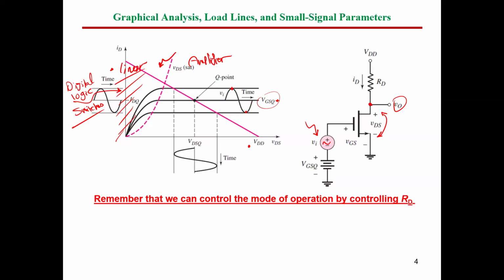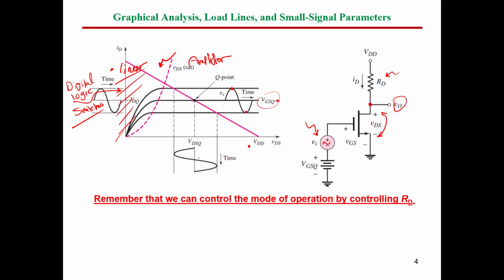According to this load line, which is already tuned by means of the DC analysis, VDD and RD, and the amount of ID, we will have the reflection of the output on VDSQ like that. Again, here VDSQ is DC component plus AC component.